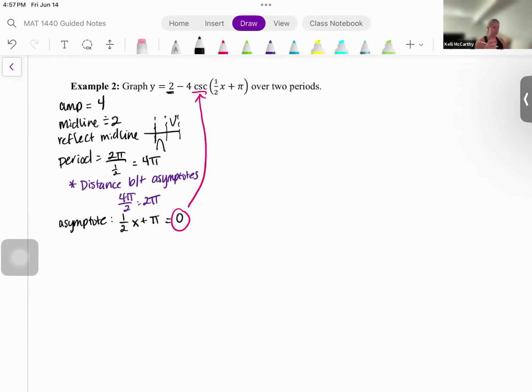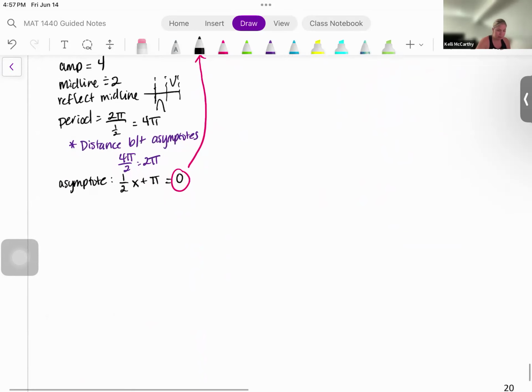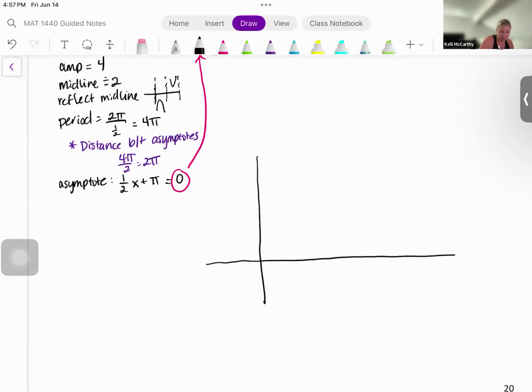All right, so let's start with setting up our grid. Since we do have a midline, I'm going to make sure that I don't make my horizontal axis the very middle of my graph. My first asymptote is at 2 pi, and my period is 4 pi. So I'm just going to go by multiples of pi.